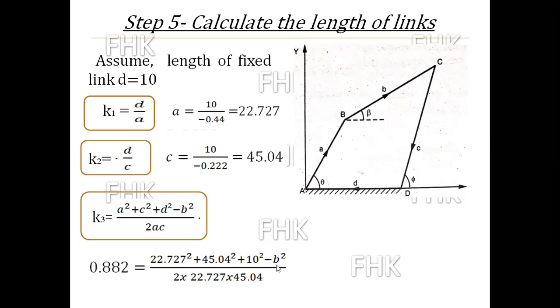After solving the equation, the value of b is 28.973 units. In this way, you can find the lengths of the different linkages in a 4-bar mechanism. This question is compulsorily asked in the examination for 12 marks.